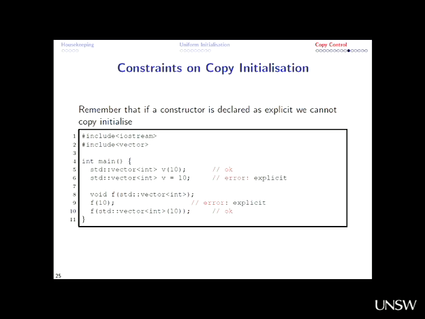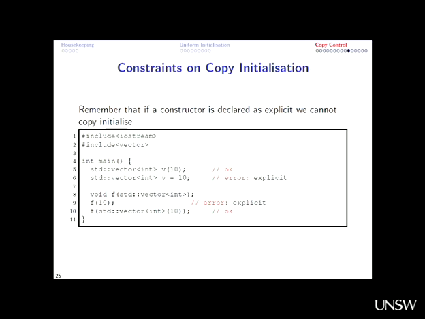If you've forgotten, go back and take a look at the lecture recording from Monday. The copy initialization cannot happen on the standard vector. And the same thing if we're doing function calls like that, it won't work. So be aware that we've got this thing called copy initialization.